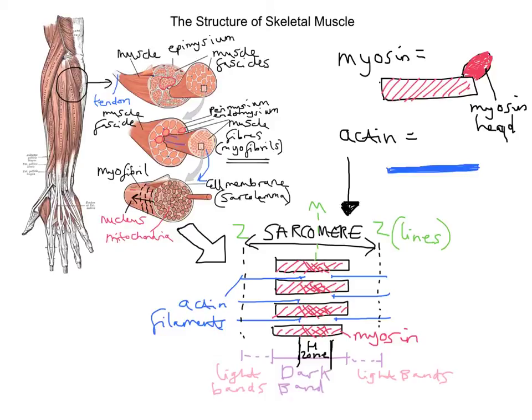If you were to look at that filament more specifically, what you see is something a bit like this. You have a strand, if you like, of something called tropomyosin wound around that actin filament. That's what I've just drawn in purple here.